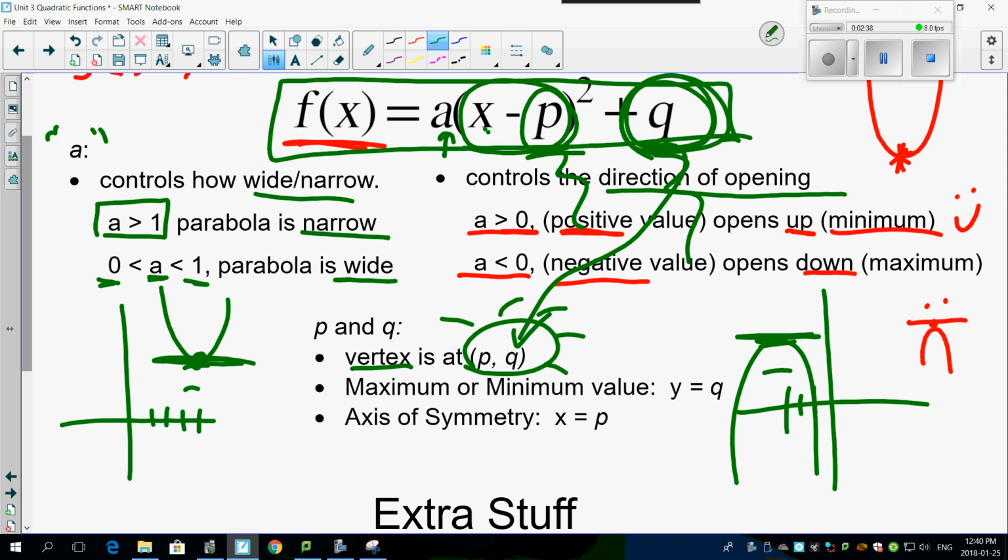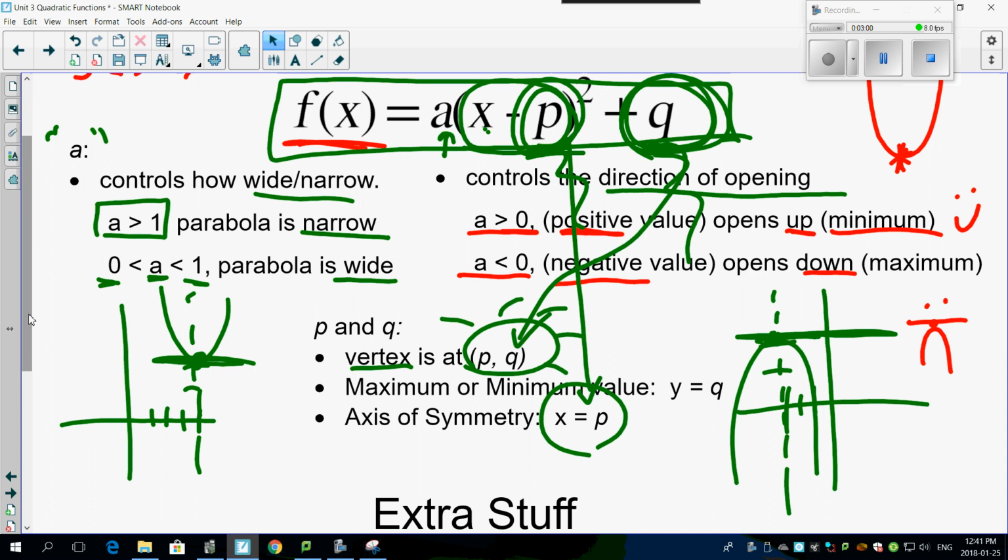Our maximum would be the y value. And our axis of symmetry is right there, which of course is our x value, our p. Look at that. Isn't that interesting? So we got a lot of stuff here that we have to know. And trust me, by the time we go through enough of these podcasts, enough examples, you'll get it.